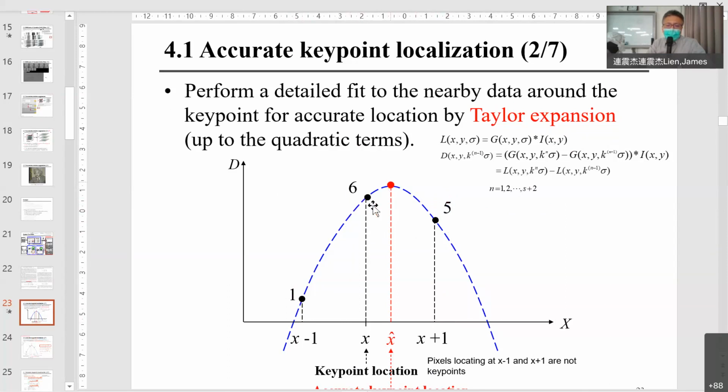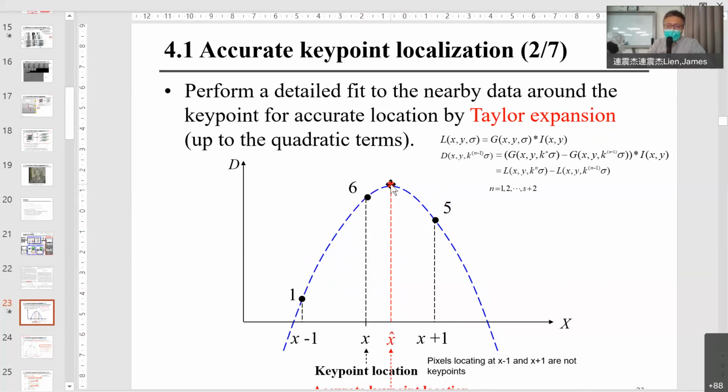The center pixel has neighbors on each side. Is the magnitude of this point correct? This is not correct. We can find the correct point, this one.